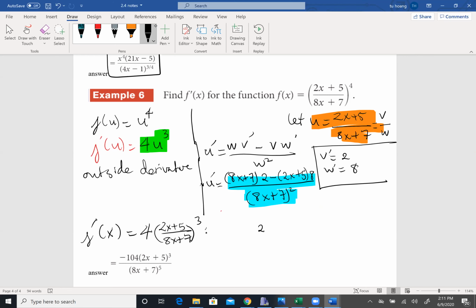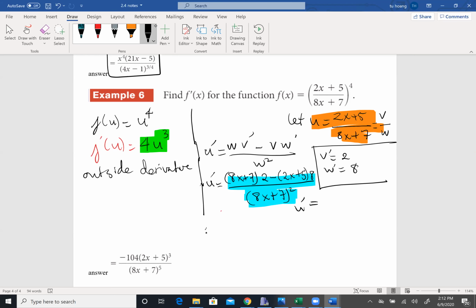So I can rewrite this as u prime equal to, oh, can I combine this? No, I can't combine. Maybe I can still combine it by doing distribution. Okay, yes, I should do that first.